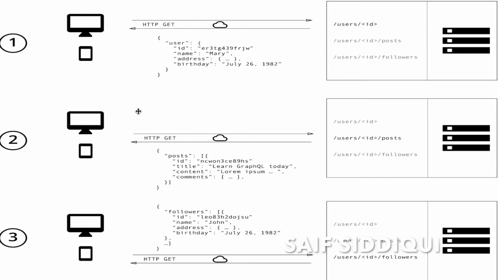If I want to get the posts of that user, then I need to send another request and I get another response. Objects that we are getting back are ID, title, contents, and comments for the post. And if we look at the third request, which is for the followers, I am going to see another response.